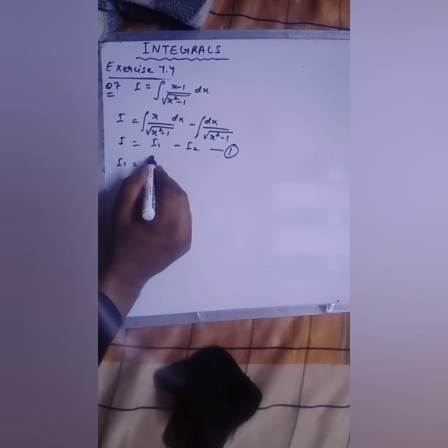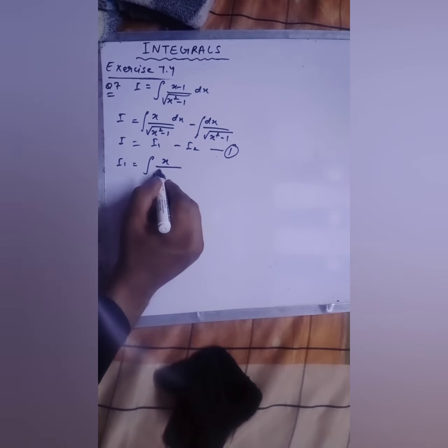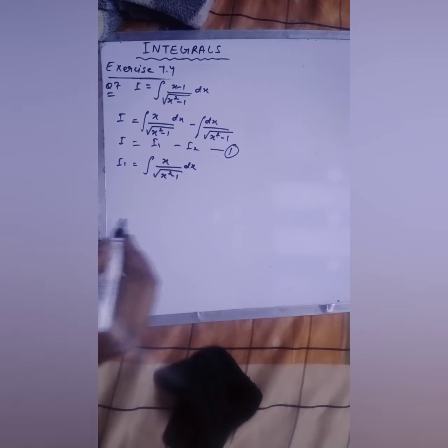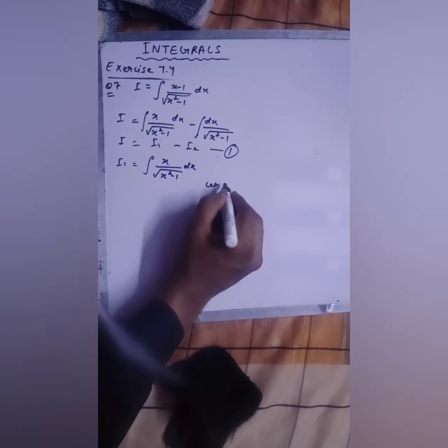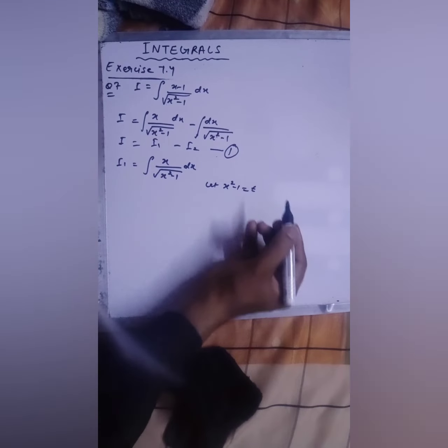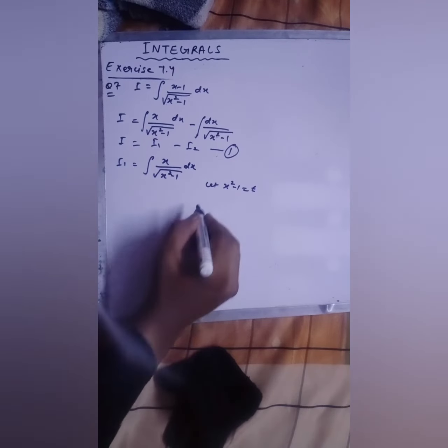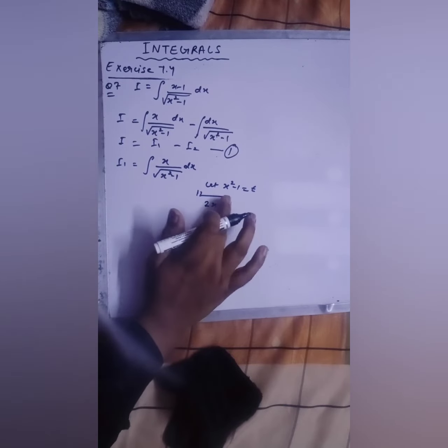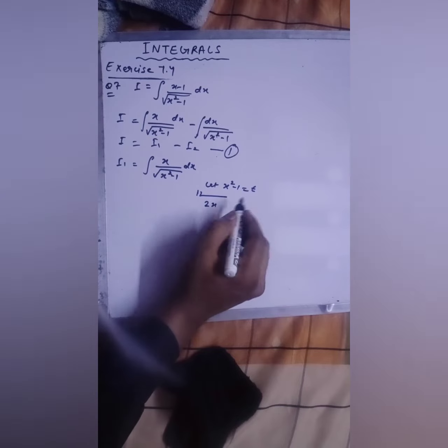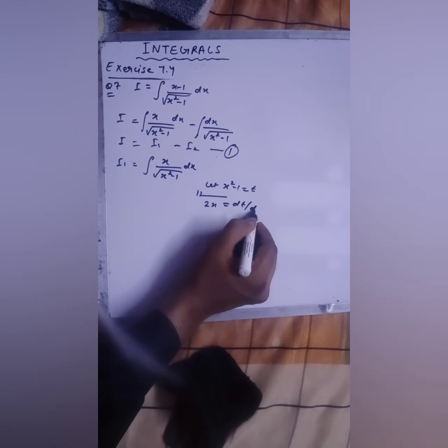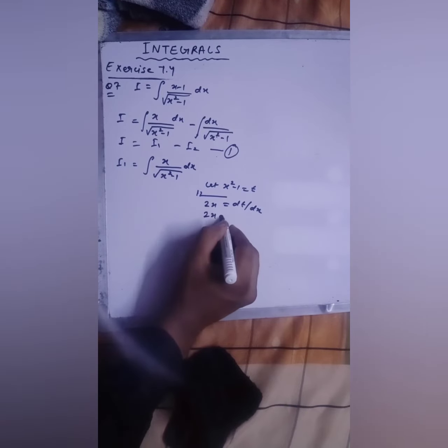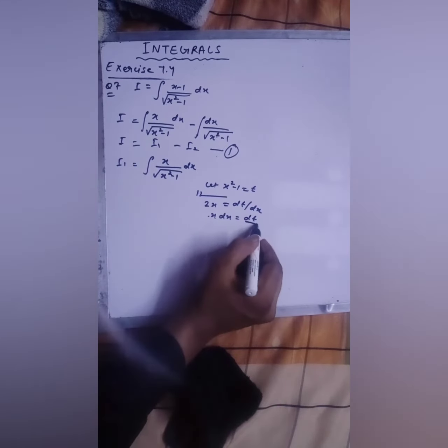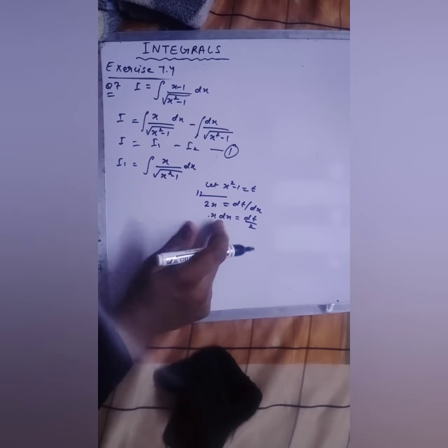I1 is equal to the integral of x over under root x square minus 1 into dx. Let x square minus 1 be equal to t. Differentiating both sides with respect to x, you will get 2x equal to dt by dx, so 2x into dx equals dt, and this 2 will come in the denominator. This is the value of x into dx.